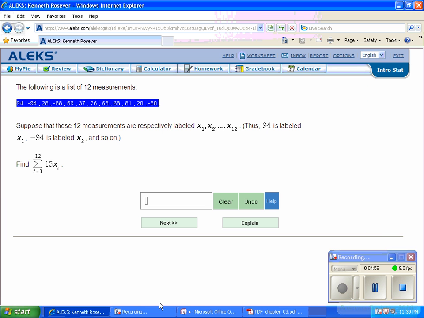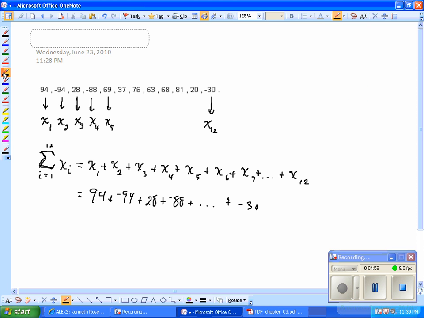What that's actually asking you to do is this: 15 times x1 plus 15 times x2 plus 15 times x3 plus dot dot dot dot 15 times x12. So you're going to multiply each one by 15 and then add them all up.